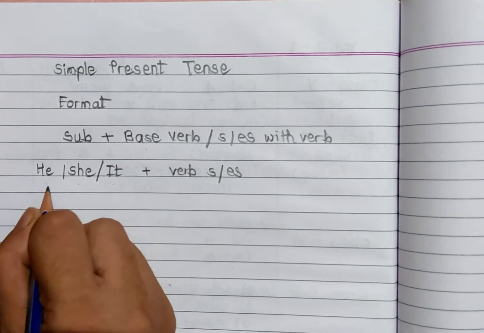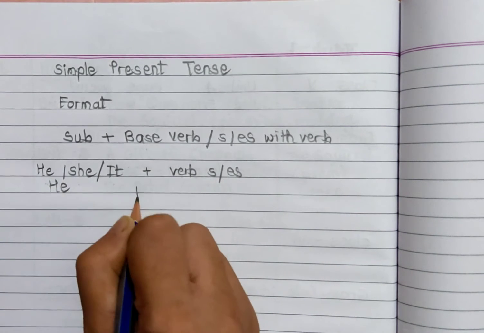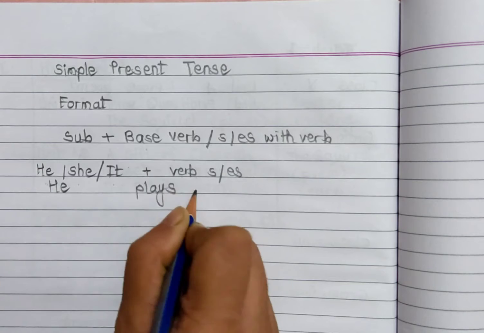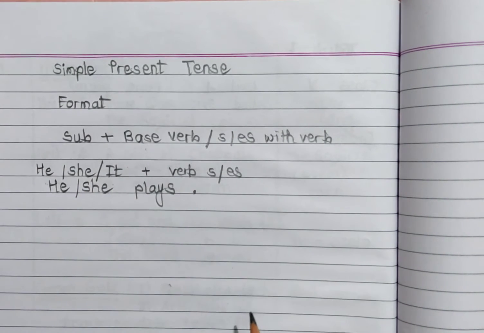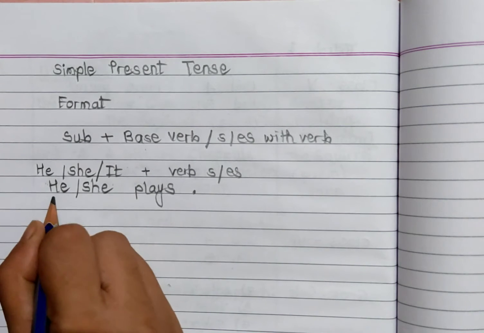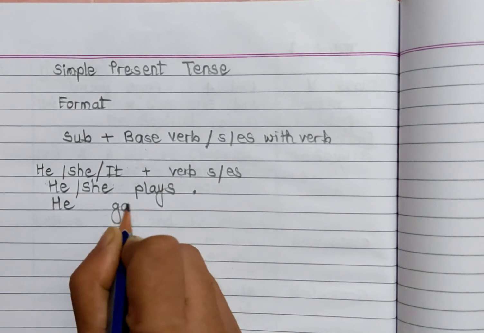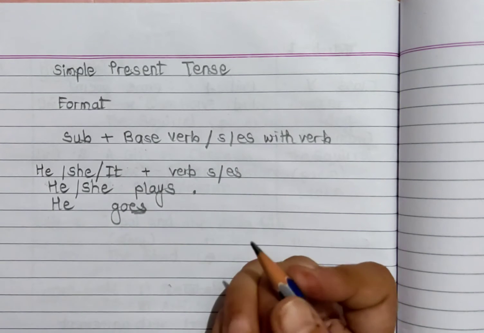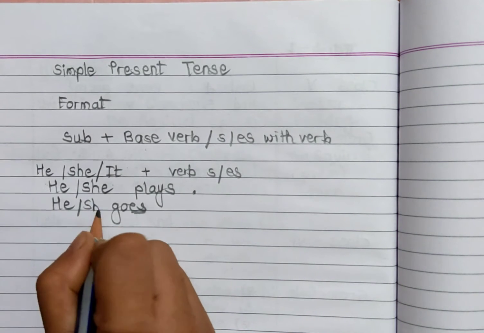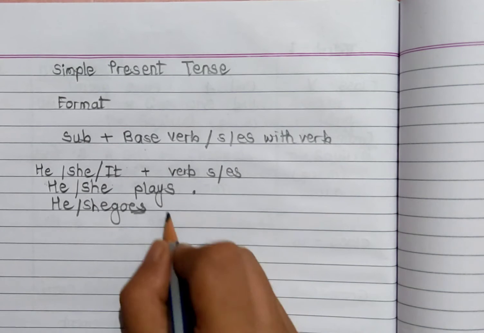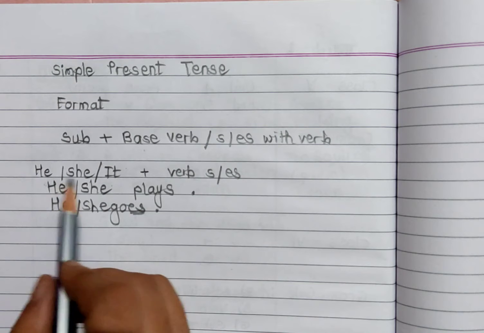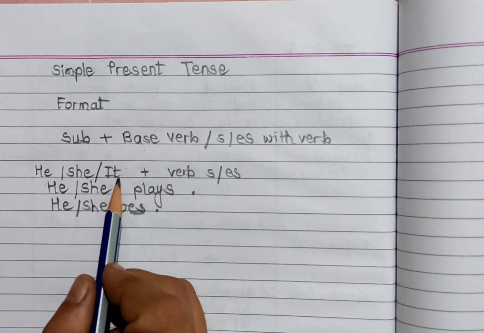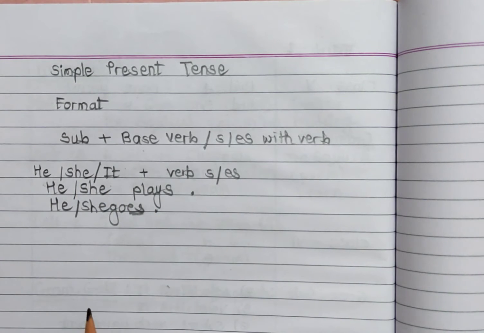For example, he plays, or you can say she plays. He goes, here es, look at here, or you can say she goes. So, when there is a he, she, it pronoun or instead of pronoun a name is given, you have to use s or es with verb in simple present tense.